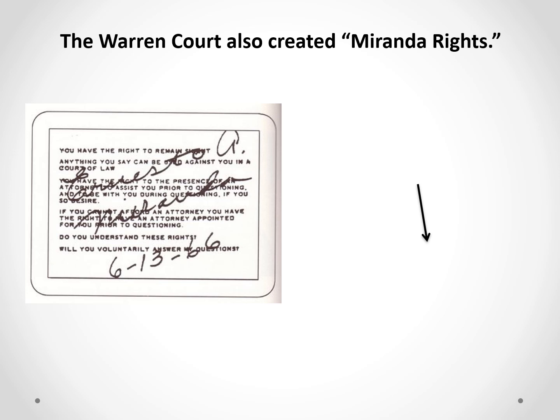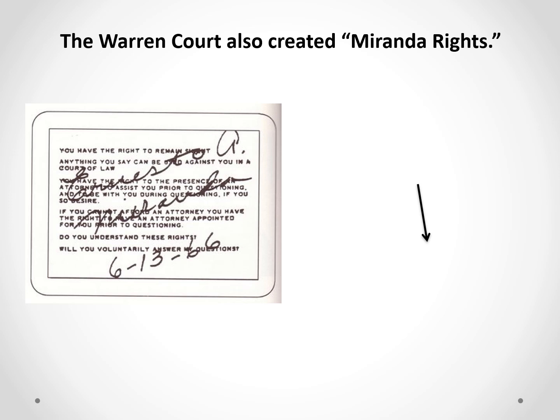He did not know that he had the right to an attorney, and the police should have told him about his rights. Up to that time, if you didn't know about your rights, then bad for you, right? The police could take advantage of that. But no, Miranda's attorney made this new argument that the police should have told Miranda about his rights.